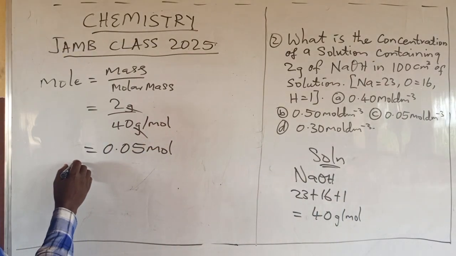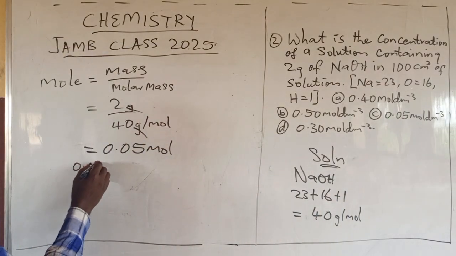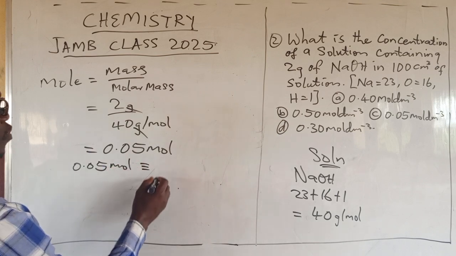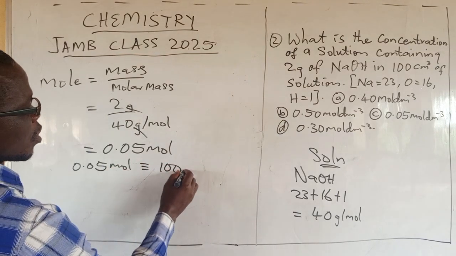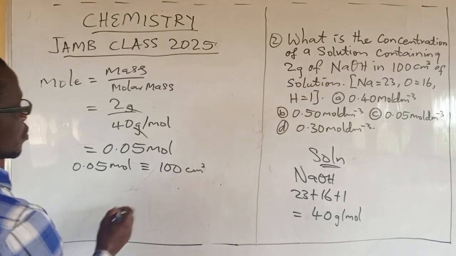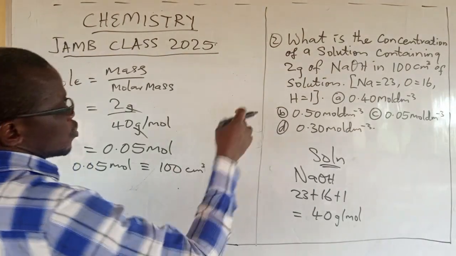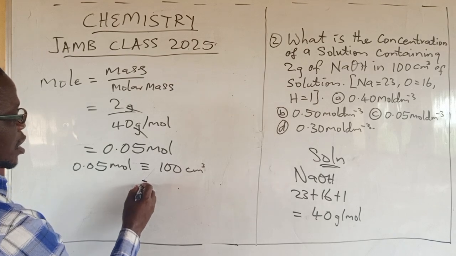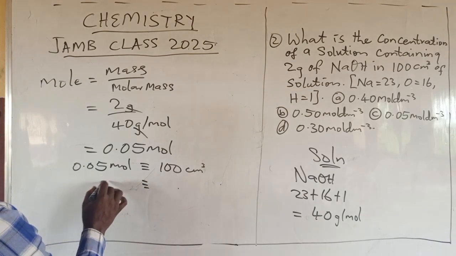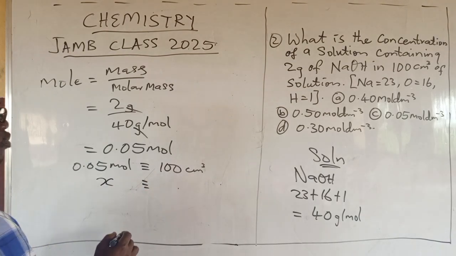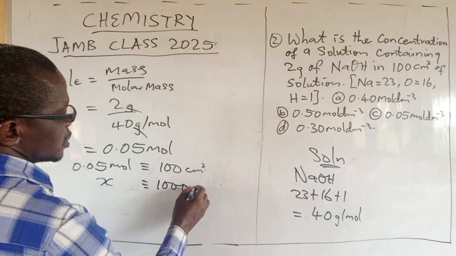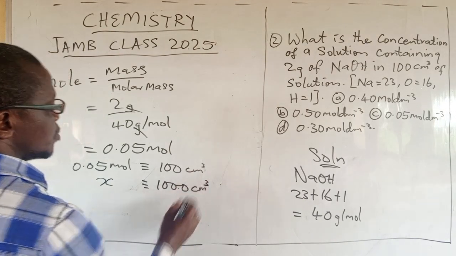You can say 0.05 mole is equivalent to 100 cm cube. Then changing it to 1000 cm cube, which is in dm cube, you now say what mole, which I don't know, x mole, will now be in 1000 cm cube.